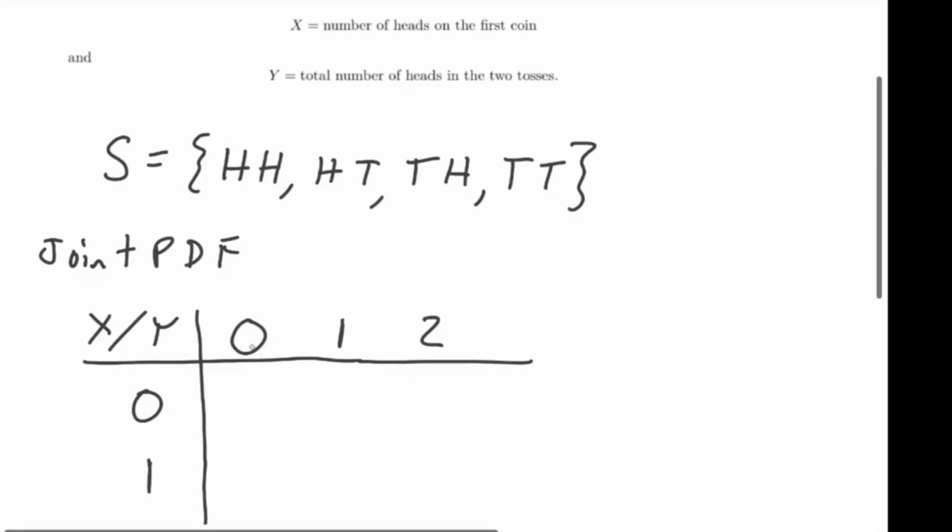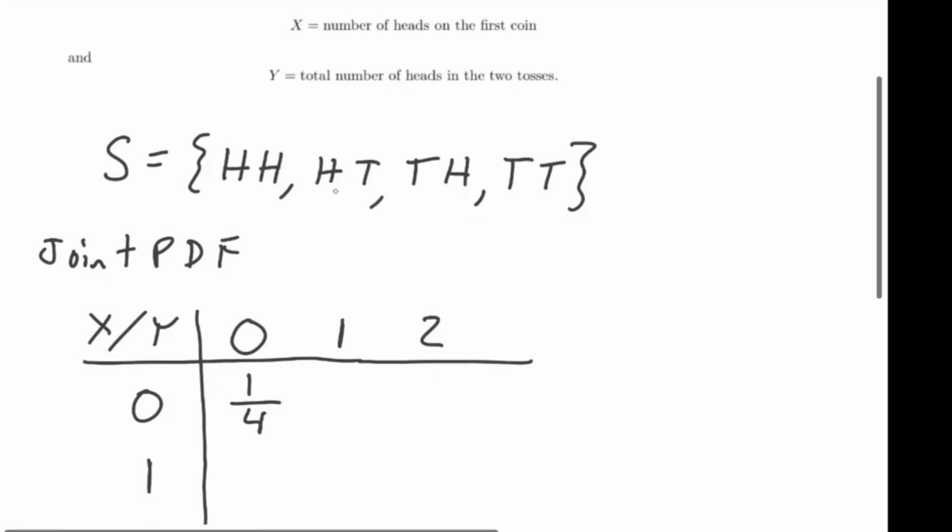Now, this right here is the probability that we have 0 heads in the first coin and 0 heads in the two tosses. So as you can see, the outcome TT fits that, and that is 1 out of 4 outcomes. So that's 1/4. Now the probability that there isn't a head in the first one, and there is a total of 1 head, right?